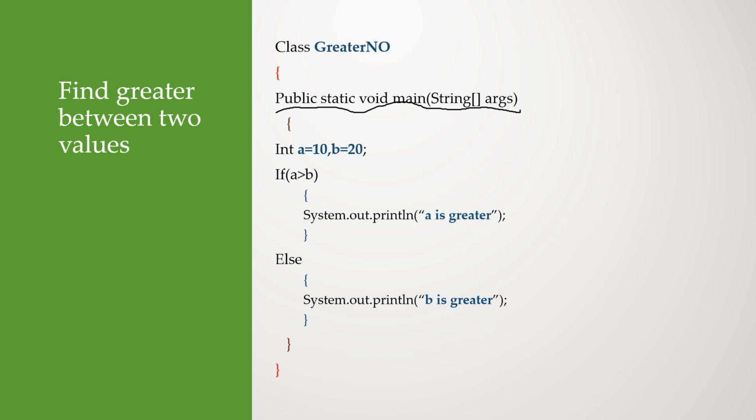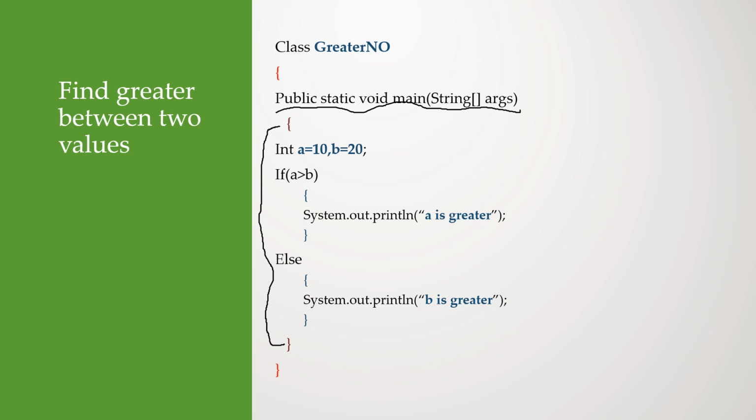Last time we had given only System.out.println and Hello World. Here what I am giving is that I need to validate either A or B, which value is the higher.